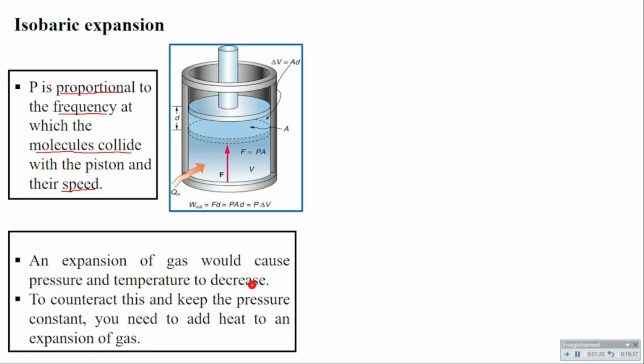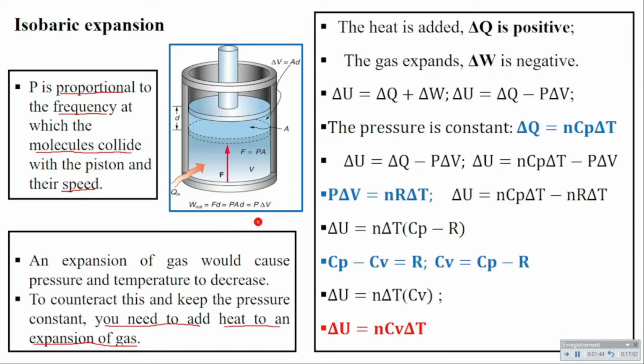To get an isobaric process, or to counteract this and keep the pressure constant, you need to add heat to an expansion of gas. So here we need to put in external hot reservoirs, so that we supply heat to the system to compensate, so that we can have the constant pressure.